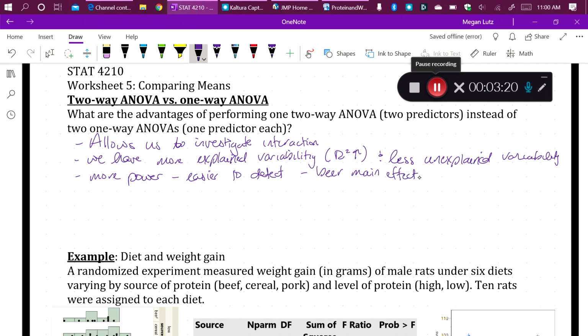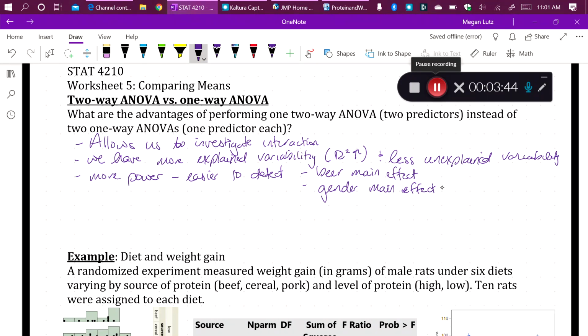The error variability, that mean squared error, has decreased. But it's also easier to detect a gender main effect than it would be in a one-way ANOVA for just gender, because there's less unexplained variability in the two-way ANOVA than there would be for a one-way ANOVA including just gender.